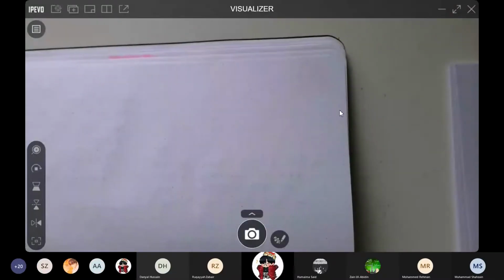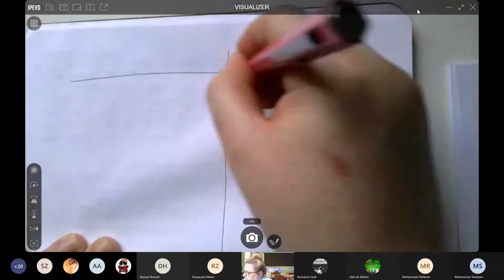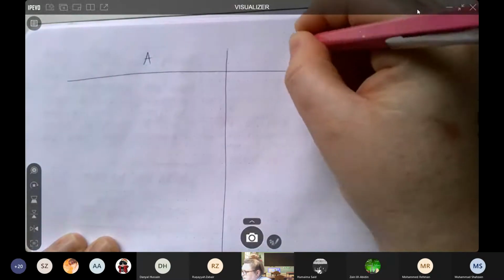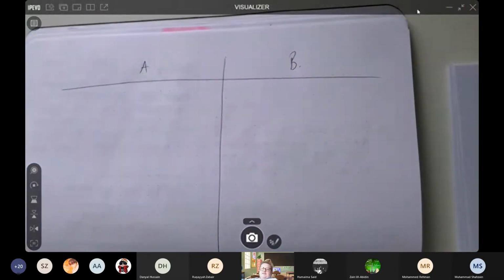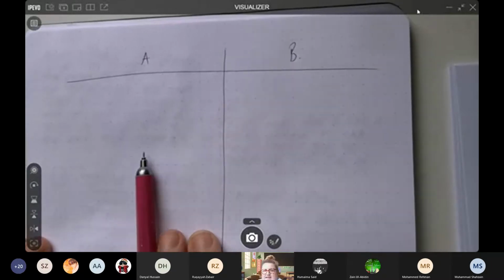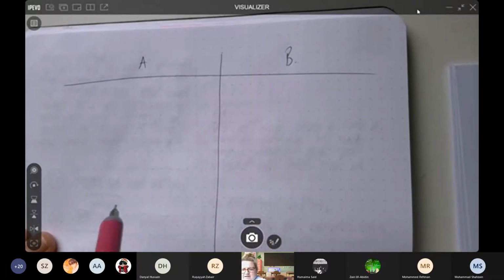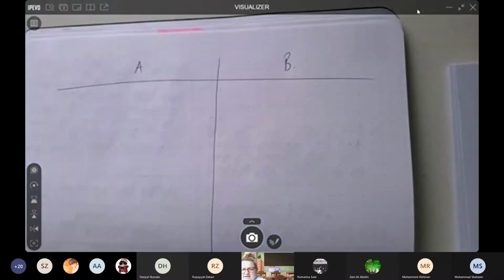Here we go. Okay, so, like I said, I would suggest that you spend a couple of minutes before you write this answer just doing a very quick plan. Now that quick plan doesn't have to be massively detailed. You just need to literally write down A and B, and then you need a couple of points here and a couple of points here. And for each of these points, if you can jot down a quotation as well, it's just going to save you a bit of time.